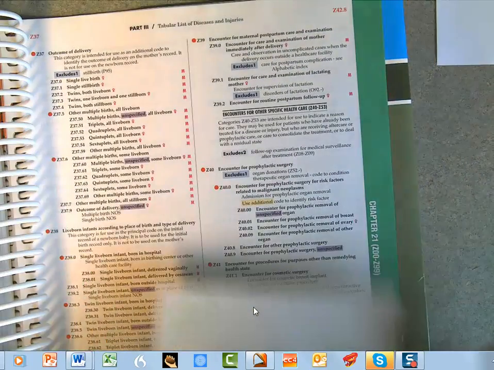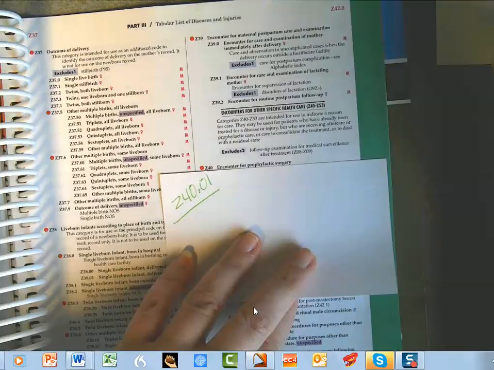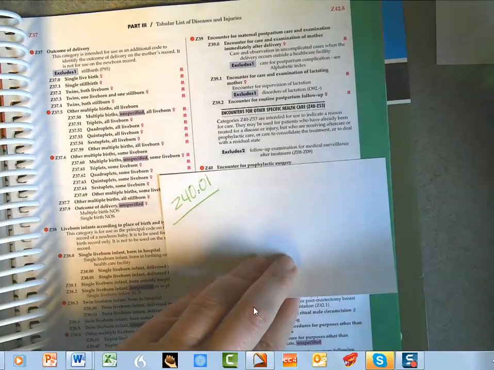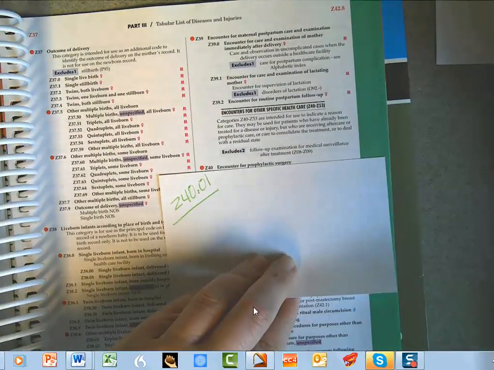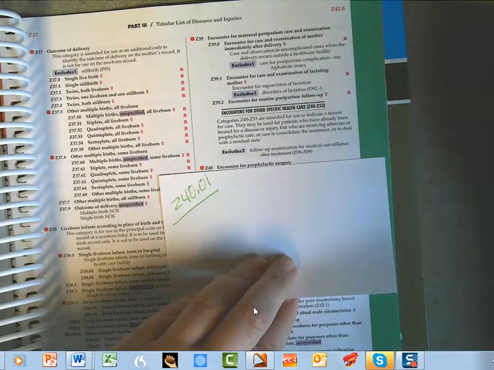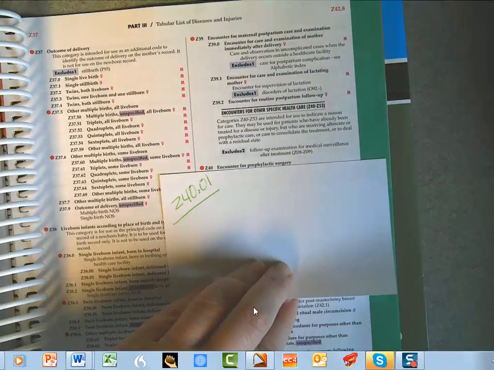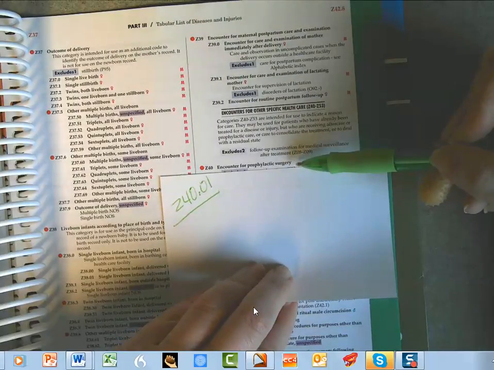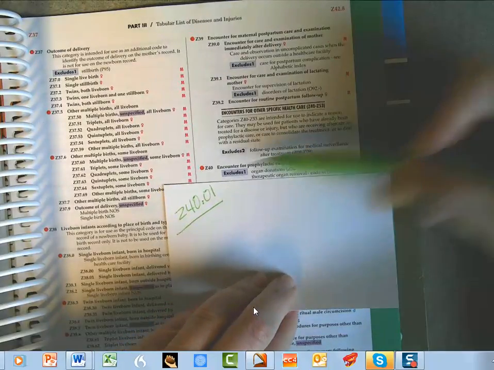So if we look at this, Z40 is the encounter for prophylactic surgery. That's what she actually came in for, was the prophylactic surgery. There was nothing else wrong with her that warranted an admission to the hospital. Nothing. Just the fact that she was coming in to have prophylactic surgery done. Okay? So she has an encounter for prophylactic surgery. Now we're going to start reading. And you need to start reading here.